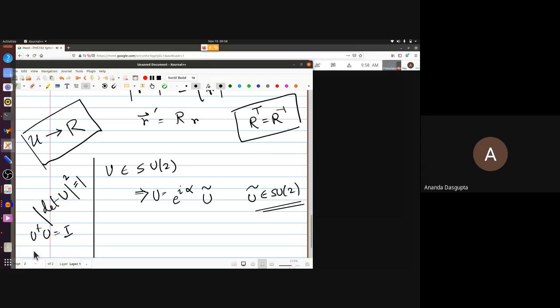Now that that is done, how is alpha, this e to the i alpha, related to det U? Yes? It will be exactly equal to the determinant of U. Because U tilde has determinant one. So what is it? Anybody else with a difference of opinion?